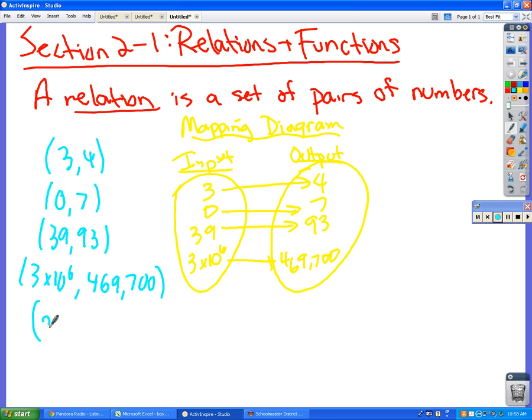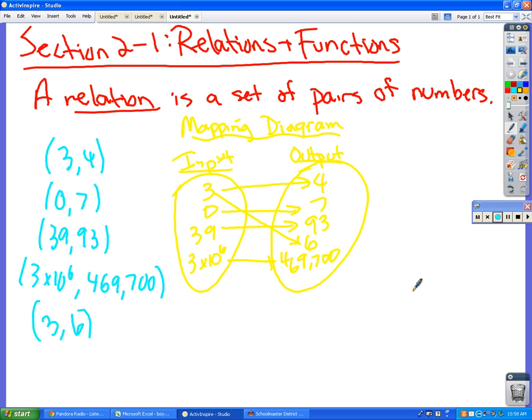But if somebody had said, for example, 3, 6, we wouldn't need to put another 3 over here because we already have a 3 in our input. We would just add a 6 and draw another arrow from the 3 to the 6.